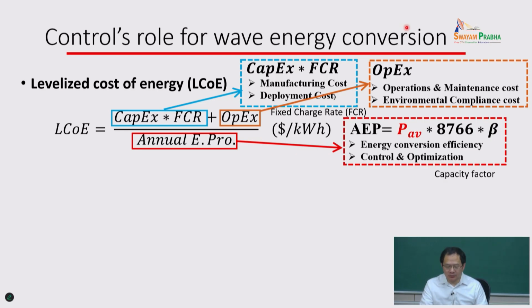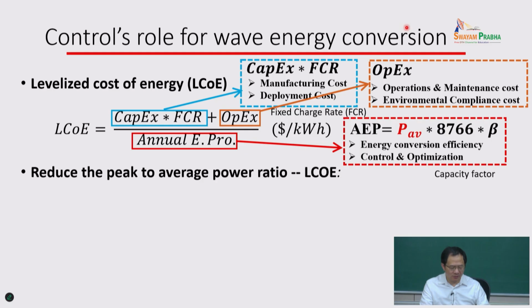Some research already shows that without changing the structure, just by using control, you can reduce the LCOE by half. Let us see how. One thing is you can reduce the peak to average power ratio. I already showed that the peak to average power ratio in the simple passive resistor case is 15. This is very large.